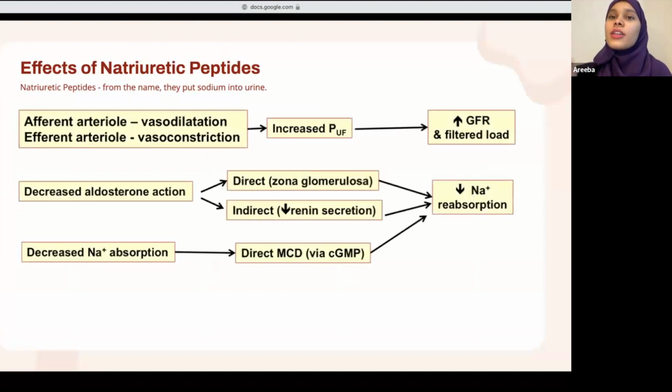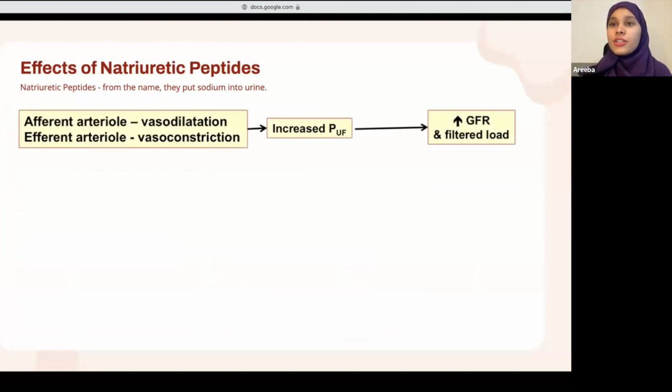Okay, so there are many types of natriuretic peptides. We have the atrial one, you have one that's BNP, which is brain natriuretic peptide, but effectively they all have the same effect, okay? So from the name, they're natriuretic peptides. So natri means sodium, it's referring to sodium, and uretic, so they put the sodium into the urine and let it go, basically.